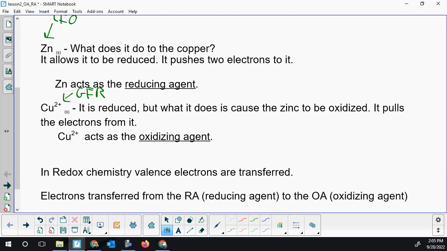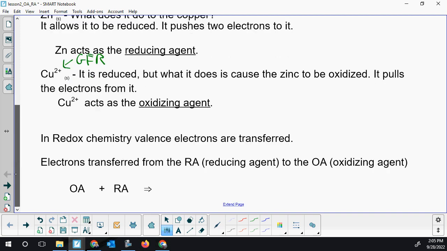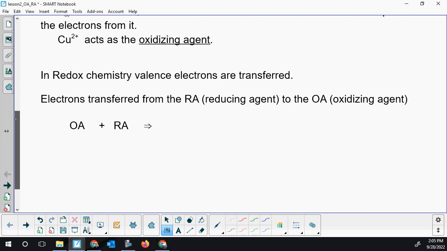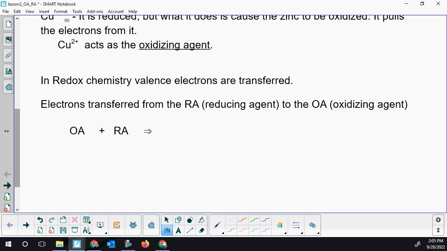And we always have a certain direction to our transfer. So we have our oxidizing agent, which itself gets reduced. The reducing agent itself is our Leo. They're opposite.